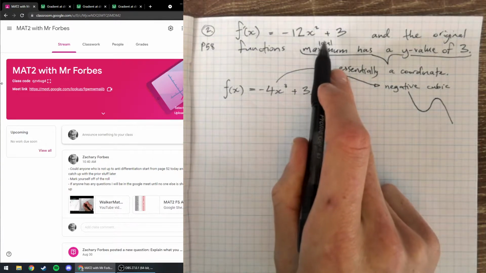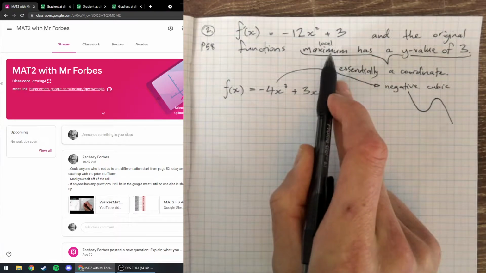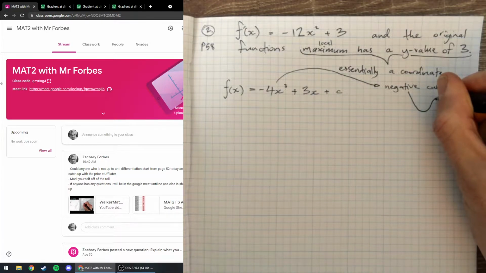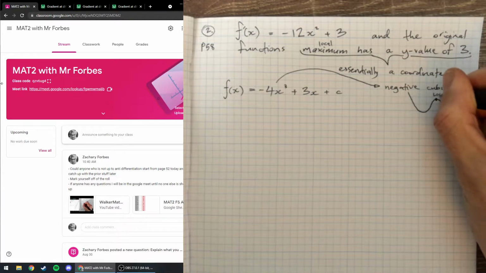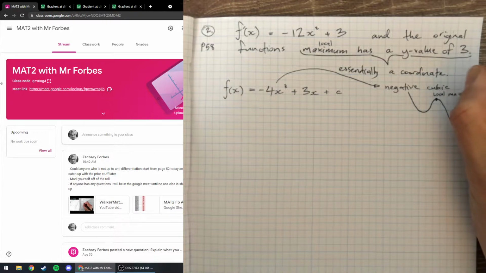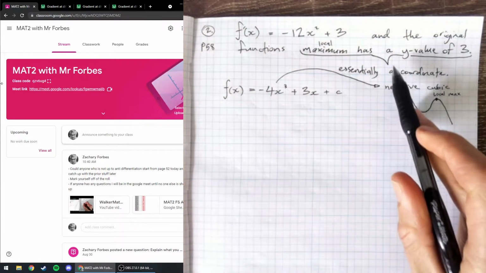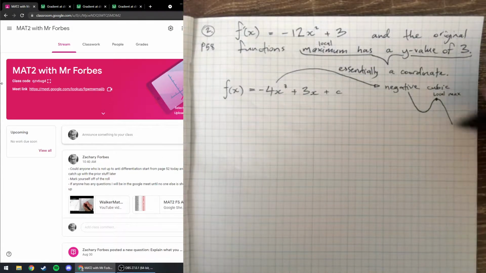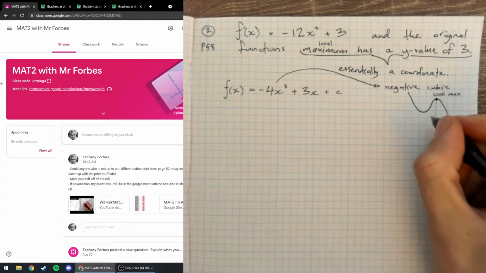Now we know that the local maximum, so where is the local maximum? It's right here. So we know that our local max has a y value of 3. We don't know what its x value is, but we do know what its y value is.